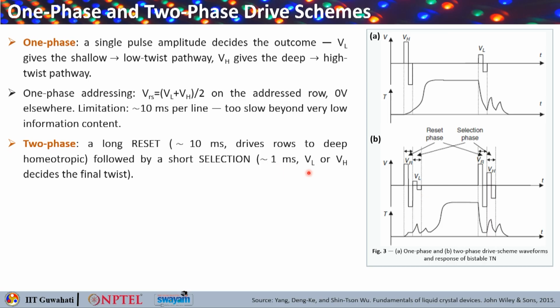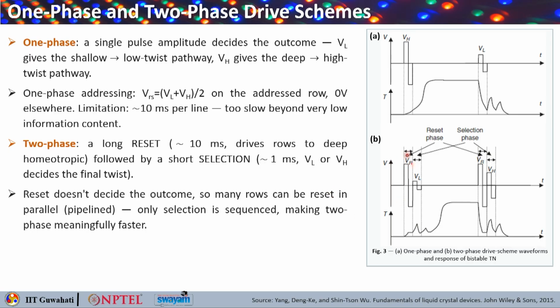So you are giving a very short selection pulse of 1 millisecond, where the VL or VH decides the final twist. This is basically how it works. This is your reset phase VR, and then you can give the selection phase VL or VH to do the selection of the final twist.